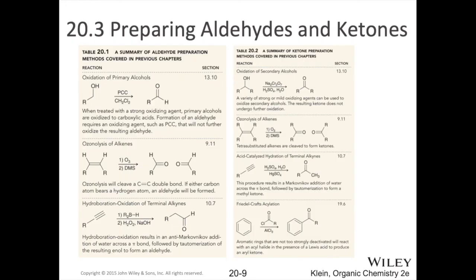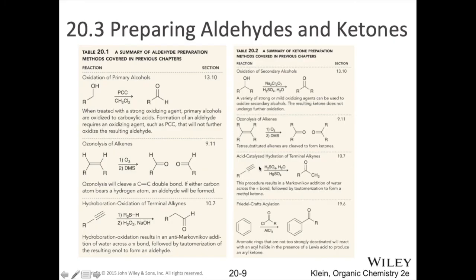And to answer that question, you've got to think, is this a Markovnikov or anti-Markovnikov addition? You can see over here, by using this borane agent, we are doing an anti-Markovnikov addition. So that alcohol group winds up on that terminal carbon, and so when it tautomerizes, you wind up with an aldehyde. That oxygen from your alcohol, which becomes the carbonyl of your aldehyde, has to be on that terminal carbon there. Your triple bond used to be between these two carbons.